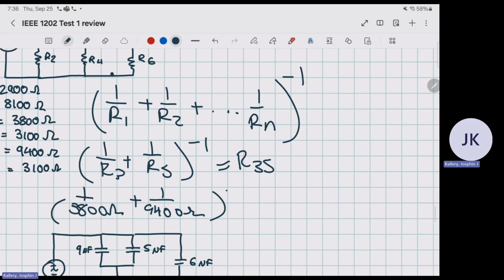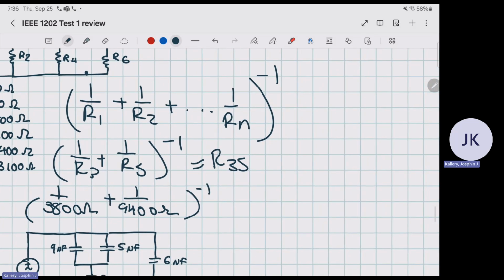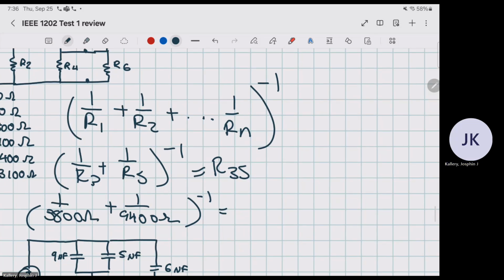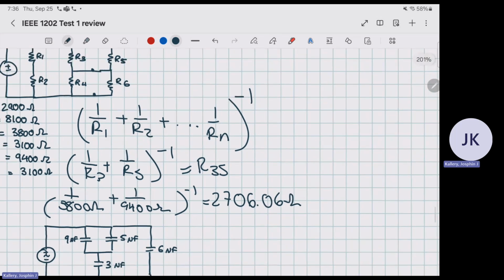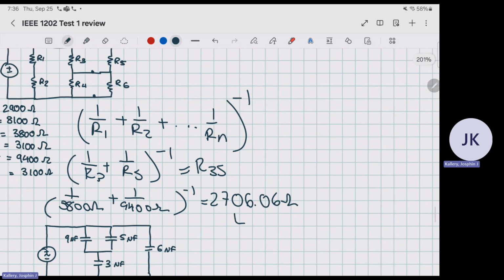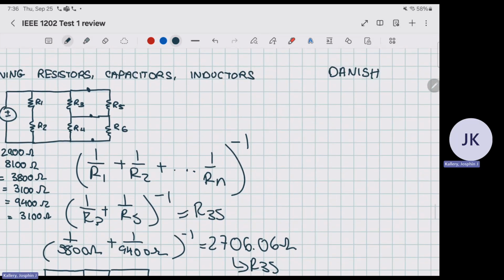Then we're going to invert that, and we should get 2706.06 ohms. And that's going to be R35.